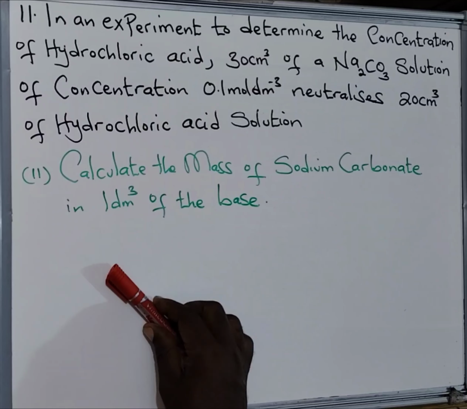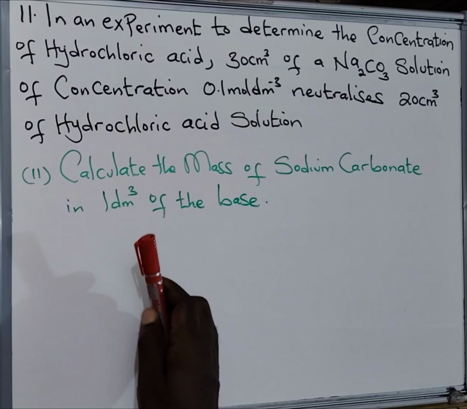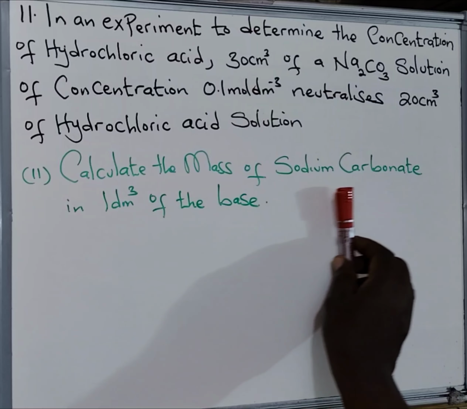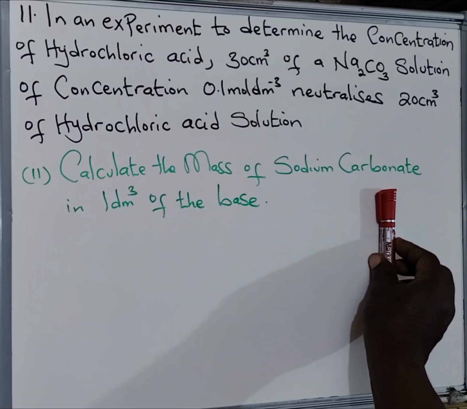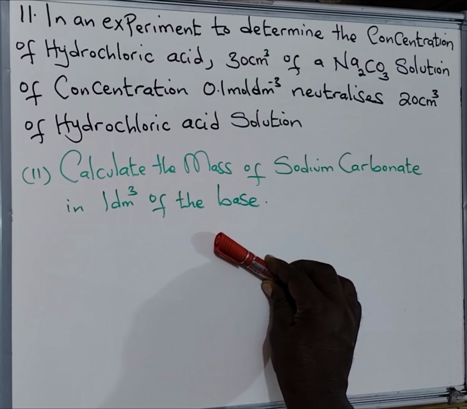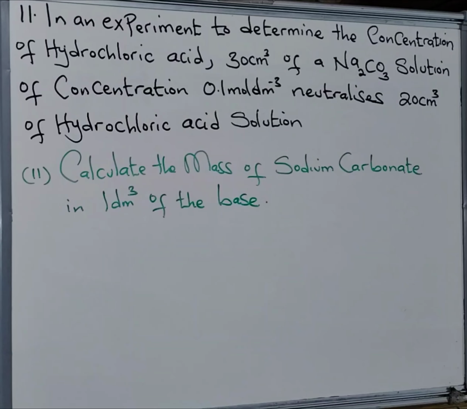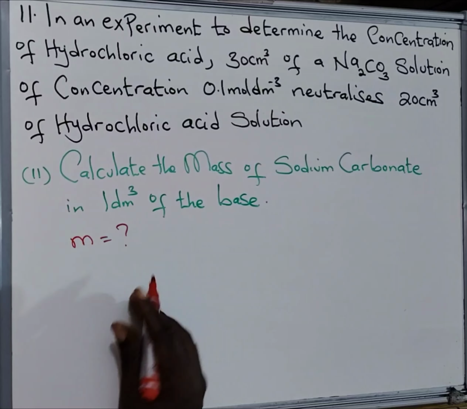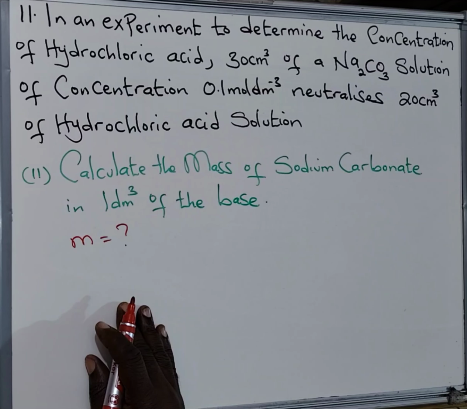Then comes this question. It says, calculate the mass of sodium carbonate in 1 cubic decimeter of the base. So how do you go about this one? We are looking for mass. But what do we know?